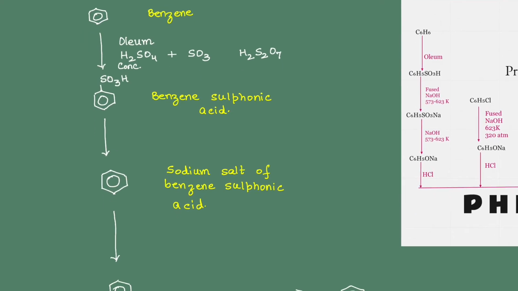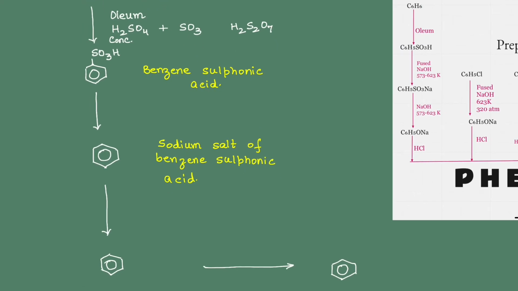Next step here is you treat it with sodium hydroxide. That means we fuse it with sodium hydroxide. Notice the temperature conditions, 573 to 623 Kelvin.